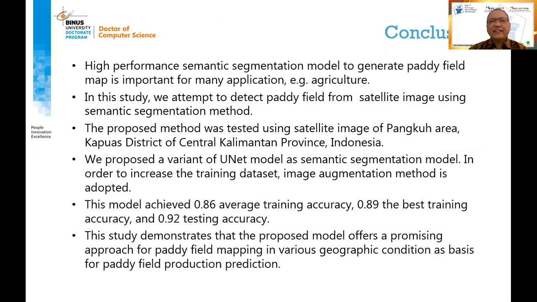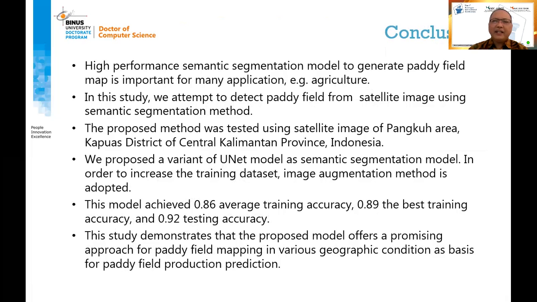And for the semantic segmentation model, we use UNet, which from our experiment can achieve 0.86 average training accuracy, 0.89 the best training accuracy, and 0.92 testing accuracy. So this result demonstrates that the UNet model is feasible for semantic segmentation using satellite images.